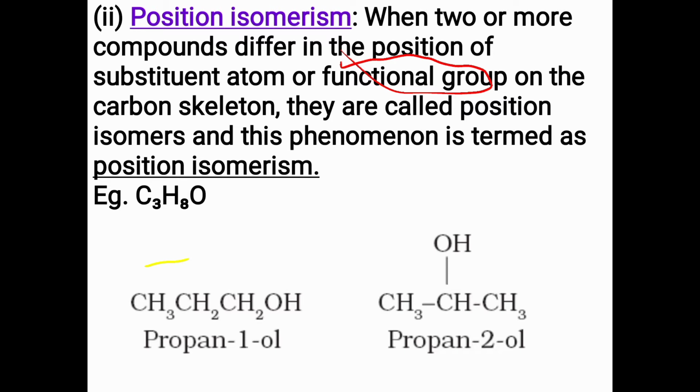Example, propanol, that is normal propanol, and here is propan-2-ol. You see OH is attached to the first carbon here, and here OH is attached to the second carbon. As a result, it is a different arrangement of the structure and causes different properties.